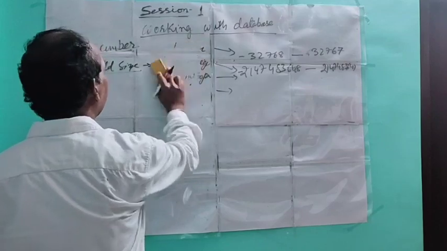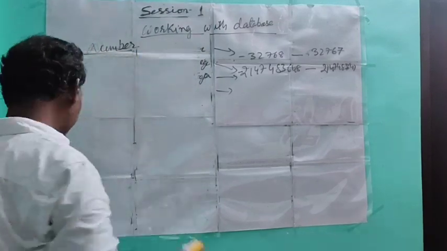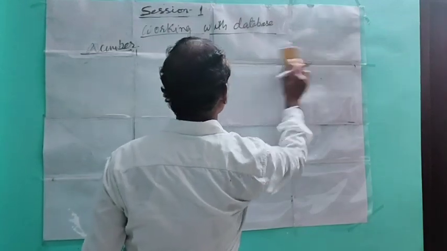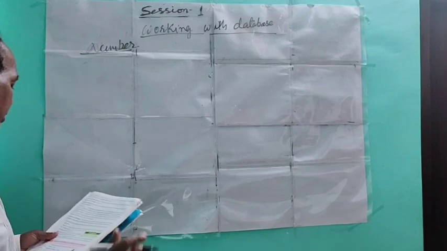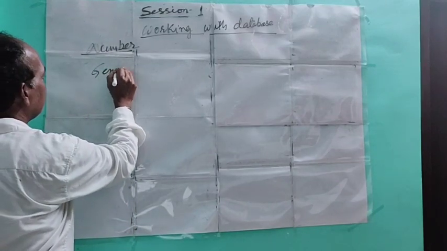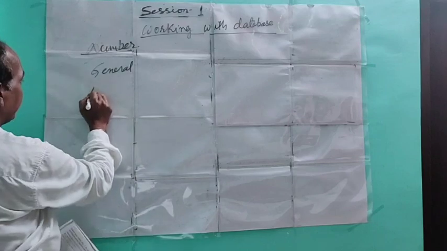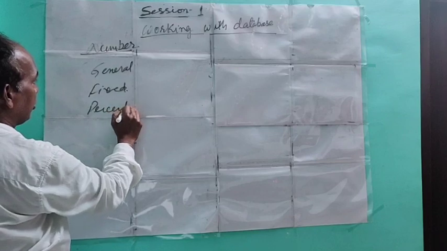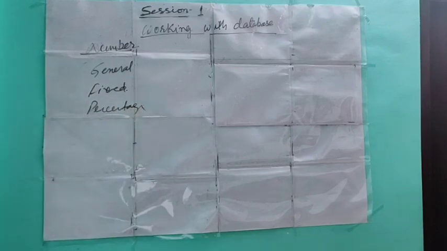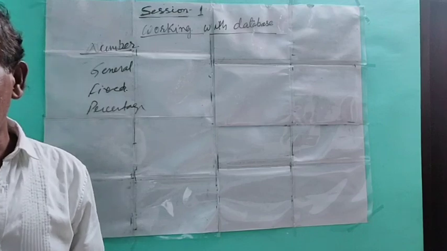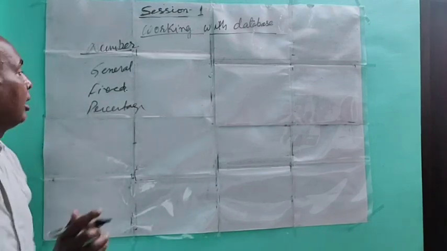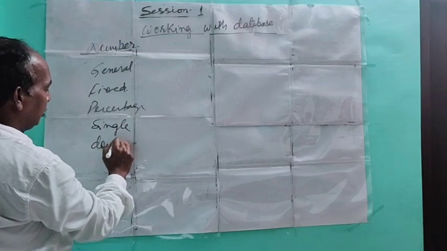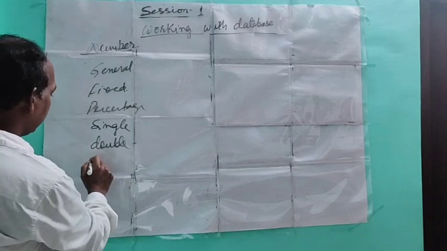Next is the format of number. Under number we get the format of number. The formats of numbers are general, fixed, percentage, then single, double, decimal.